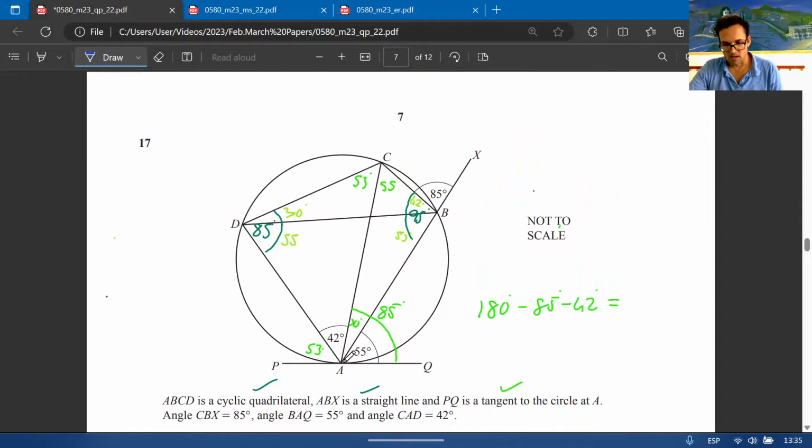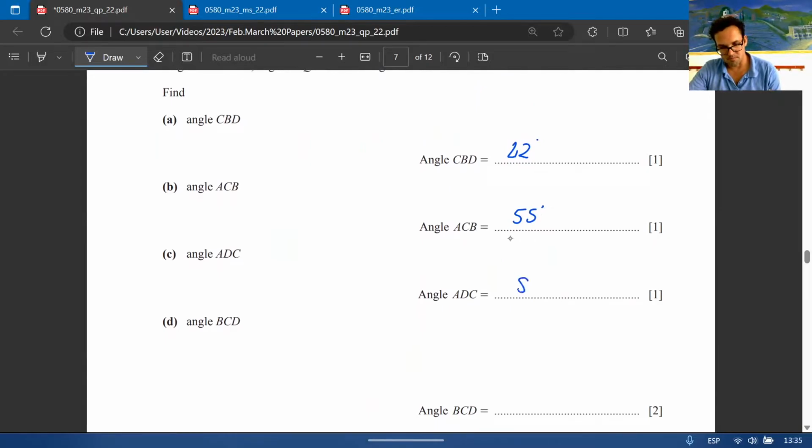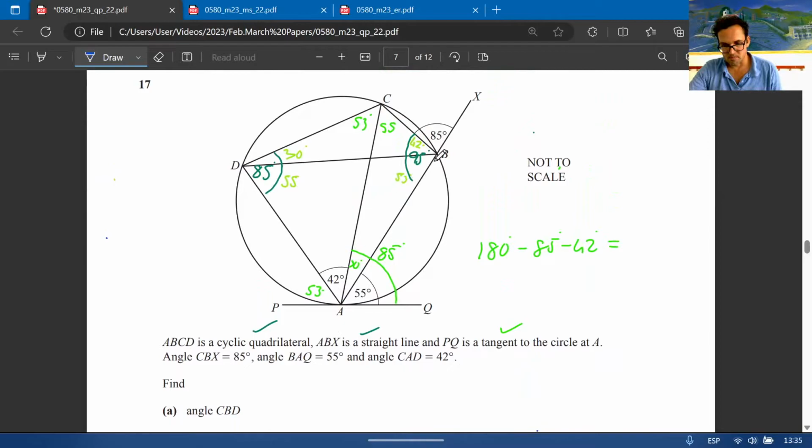ADC, we got that one already. That was 85. BCD, there's those two together, 53 plus 55 being 90. No, 108, of course. 108.